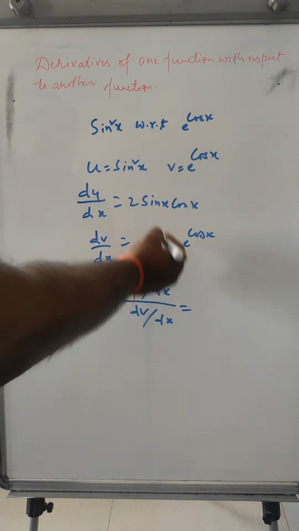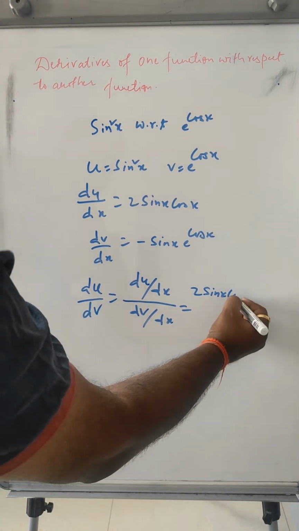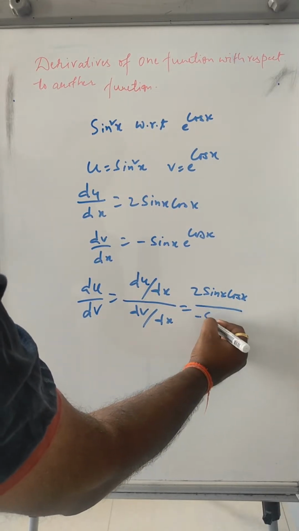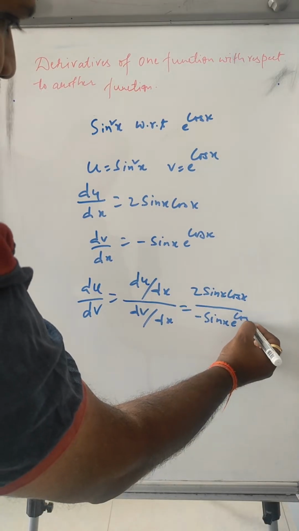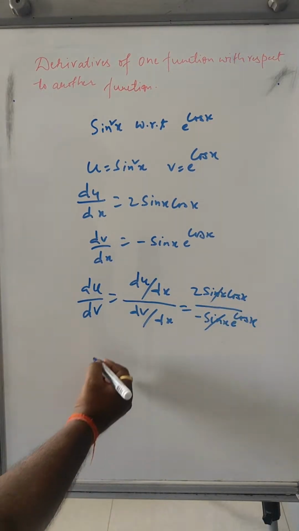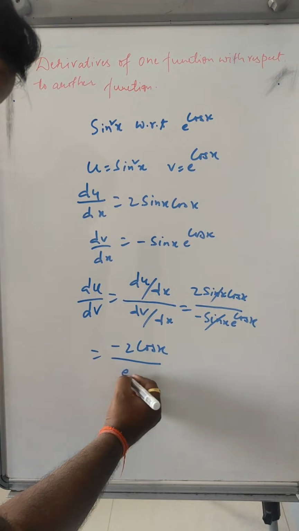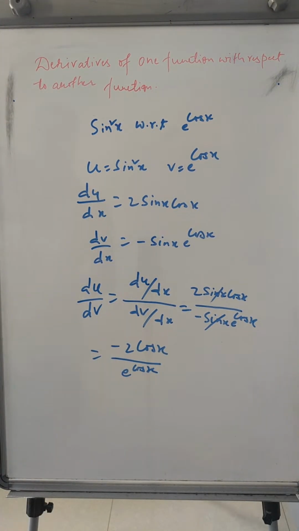So du divided by dx means 2 sin x cos x, and here dv by dx is minus sin x e power cos x. So sin x cancels. So here minus 2 cos x and e power cos x. Correct? So this is clear.